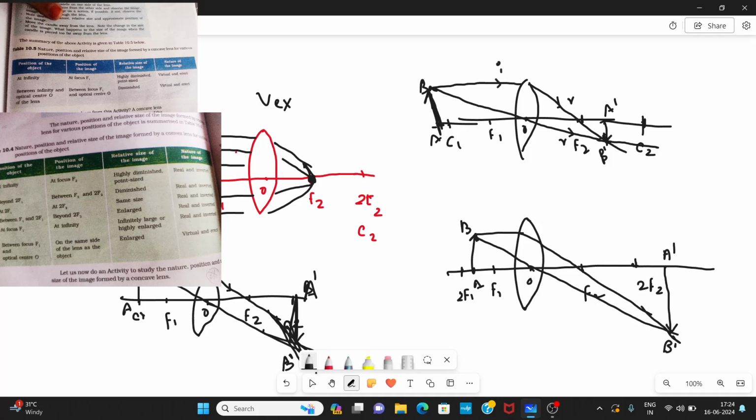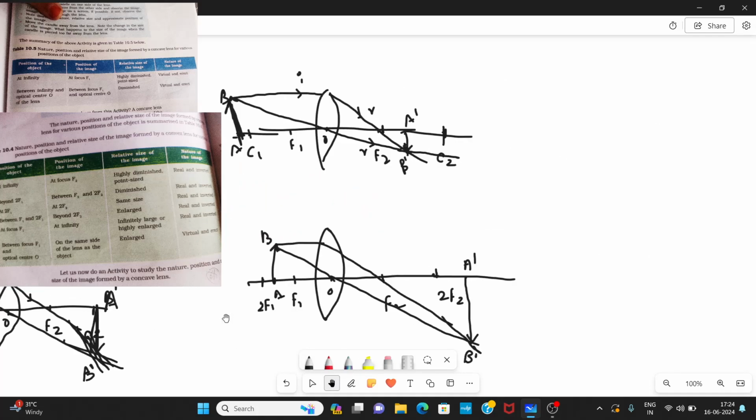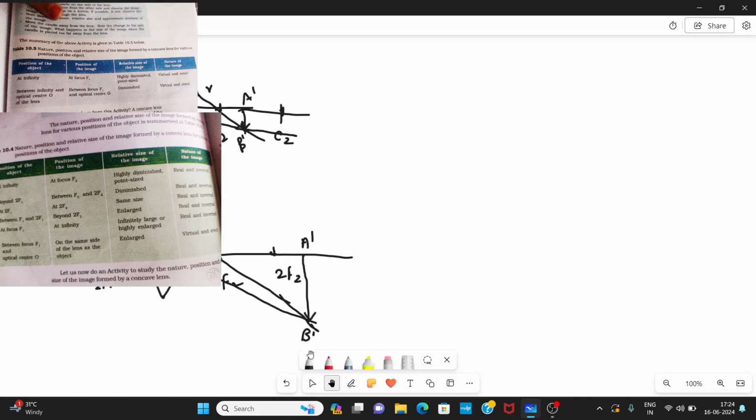And the last case, I am going to keep the object between focus and optic center.